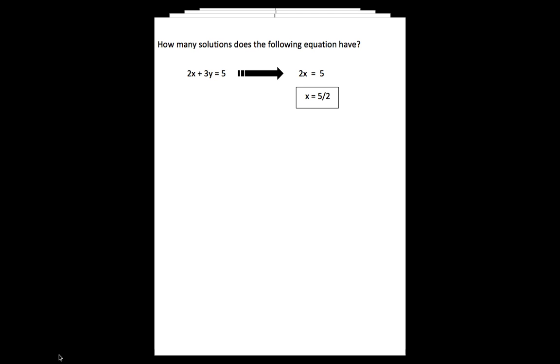Now there's not infinite solutions, there's only one solution. And so that's what these two algebraic methods of solving seek to do. They seek to take a system that has two equations and two variables and to eliminate one variable from your system so that there's only one variable left, and you can then solve for the exact value of that one variable. Let's look at the two methods now.